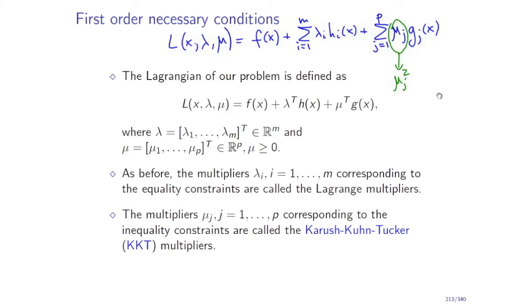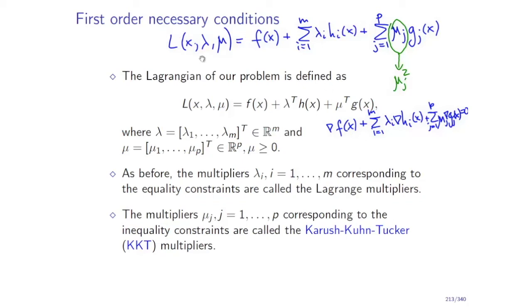So if I take the gradient with respect to x here, then what we obtain will be the gradient of f in x plus the sum for i between 1 and m of lambda_i's times the gradients of h_i's in x, plus the sum for mu_j's, j between 1 and p, mu_j times gradients of g_j of x, and this is 0, right? So this is the gradient of L(x, lambda, mu) with respect to x.